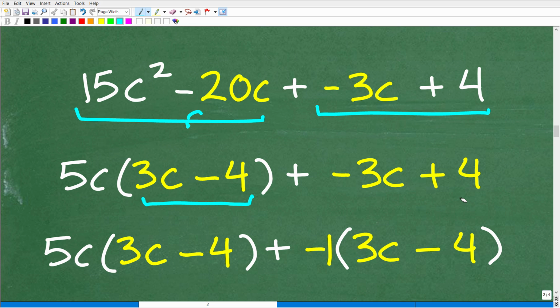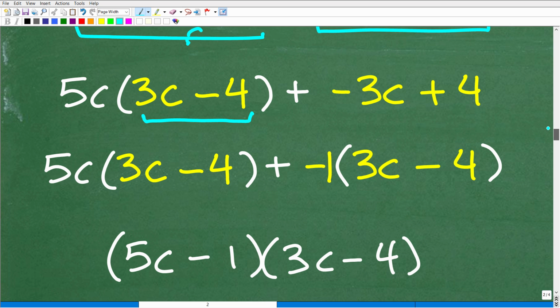So what you want to do in this case is factor out a negative 1. This is always a common thing that you can do. If I multiply this negative 1 back into this binomial, negative 1 times 3c will get me back to negative 3c, and negative 1 times negative 4 will get me back to positive 4. If I factor this out, guess what happens?